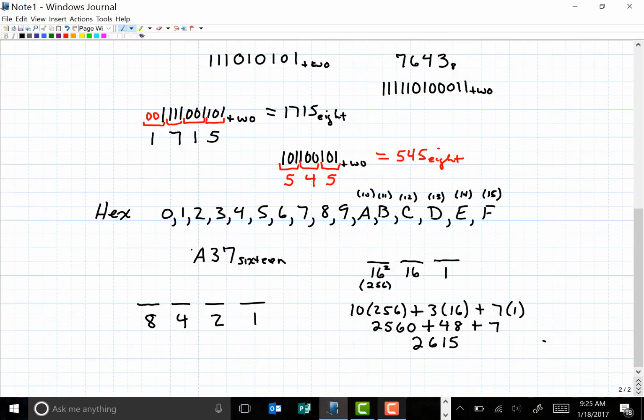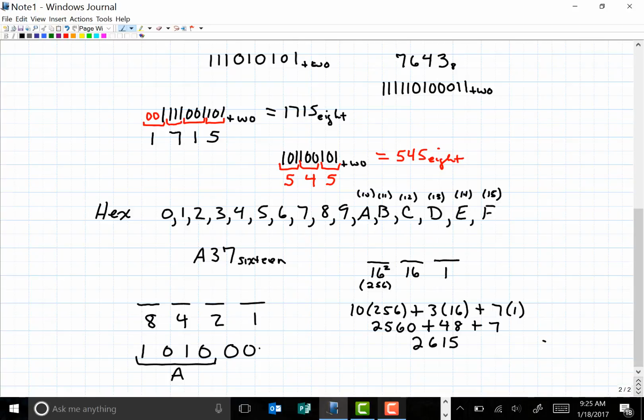So if I want to write each of these as a 4-digit number, to write A, which represents 10, as a 4-digit number, I would need a 1, then a 0, and then a 1, and then a 0, because I would add the 8 and the 2 to get the 10. So this would be my A. And then to get the number 3, I'm going to have a 0, a 0, a 1, and a 1, because 2 plus 1 is 3.